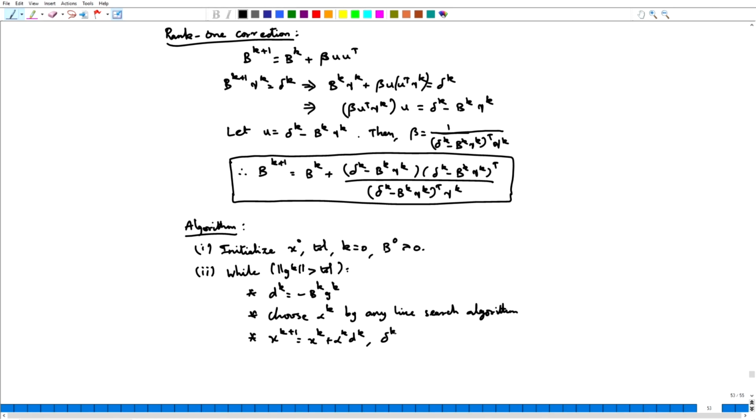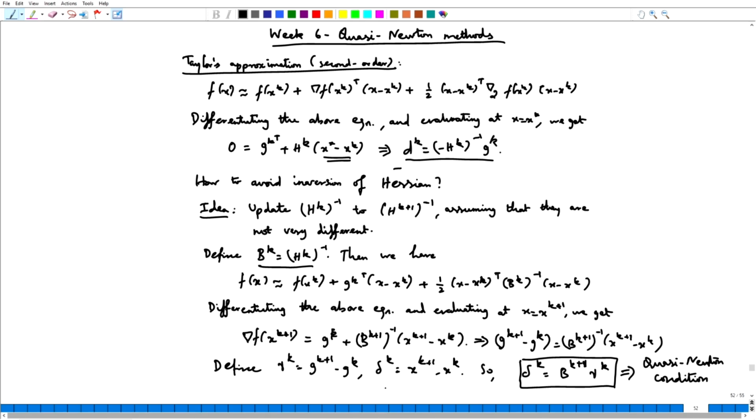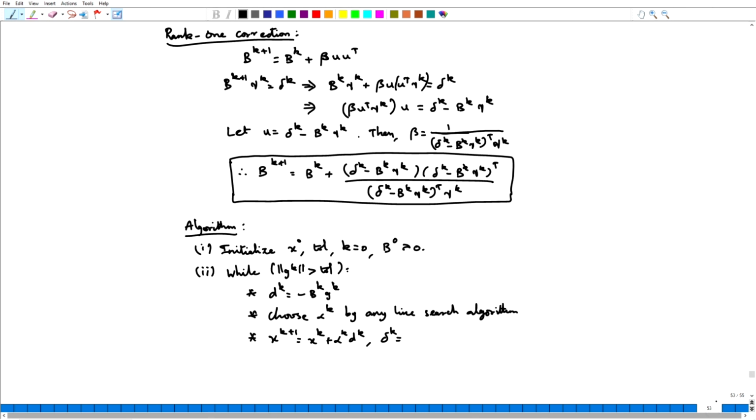Note that delta k is x k plus 1 minus x k, which is just alpha k d k, and gamma k is g k plus 1 minus g k.